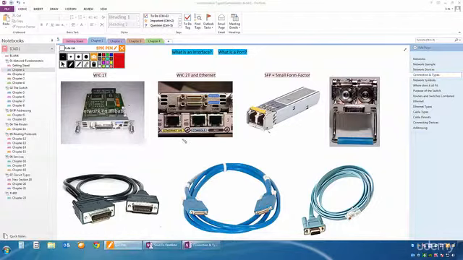There's several different types of interfaces. Here's a fast Ethernet interface, or the Ethernet interface that we were talking about before. Here's an interesting one, which is a serial connection. Now, usually serial connections go wide range. They usually go in a long direction.